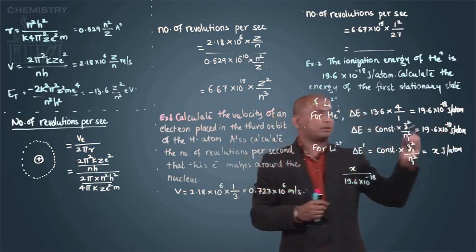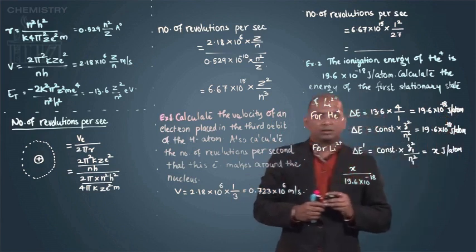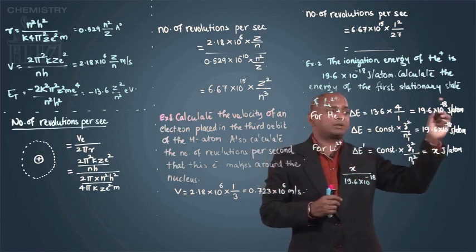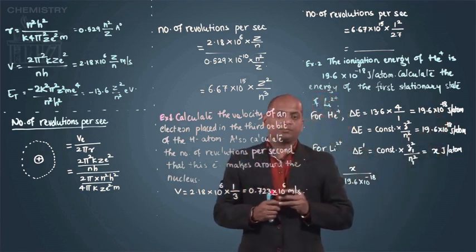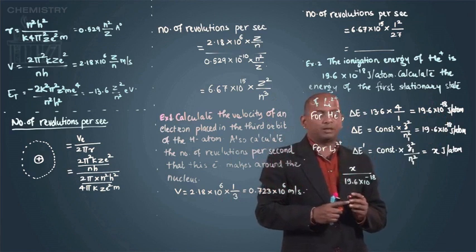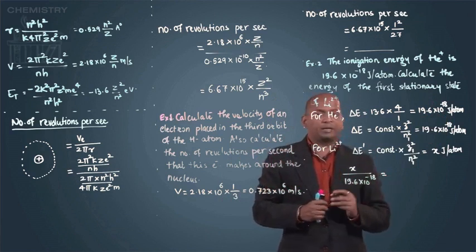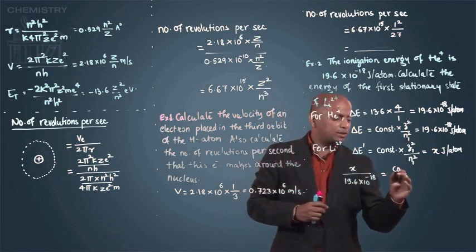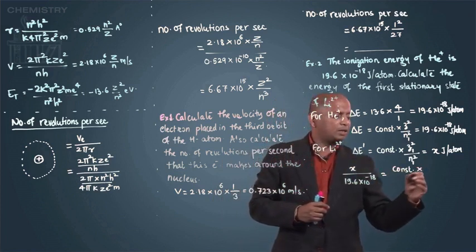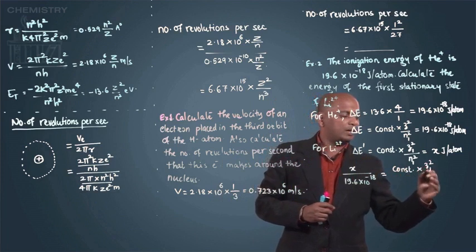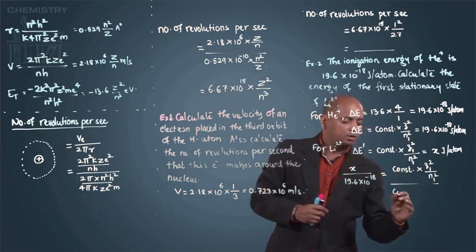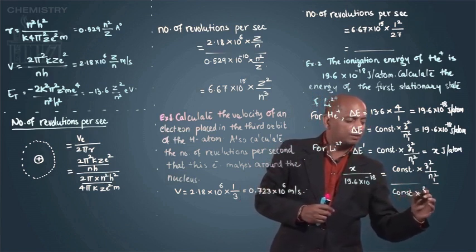Sometimes we make silly mistakes, which I have done. In an exam we always come across such mistakes, so be careful, the problem is very simple. So x upon 19.6 into 10 raised to minus 18 is equal to constant multiplied by Z1 squared upon N1 squared divided by constant multiplied by Z squared upon N1 squared.